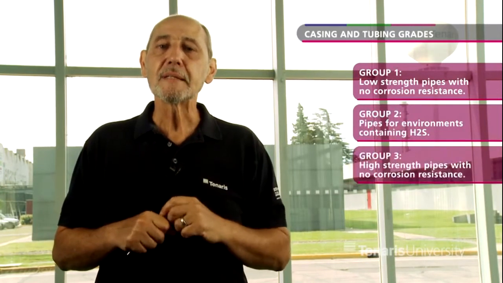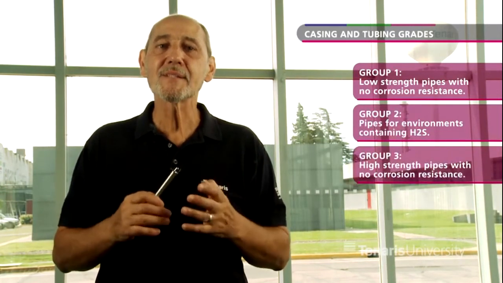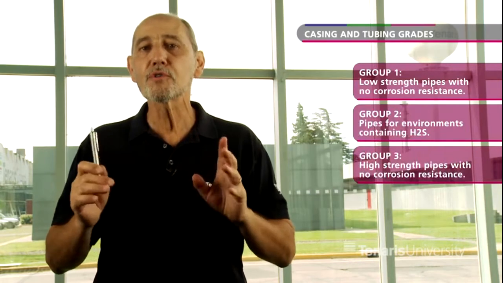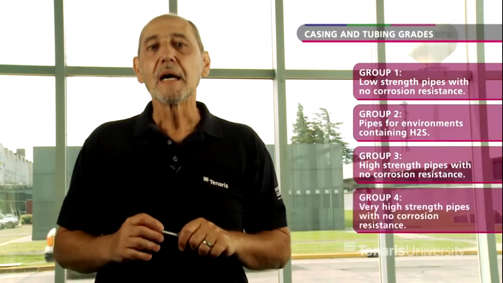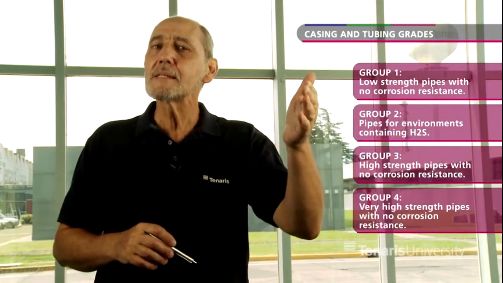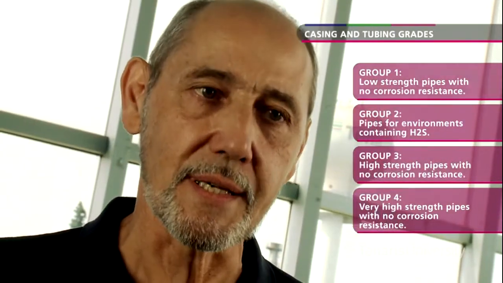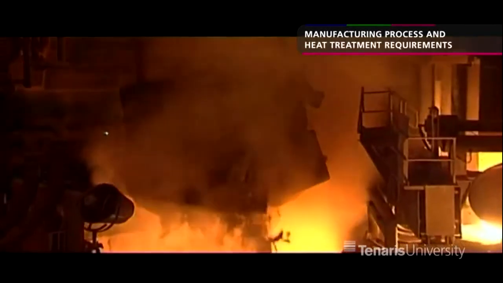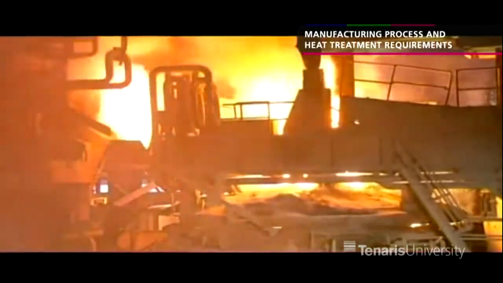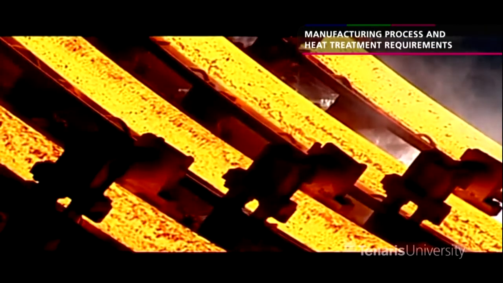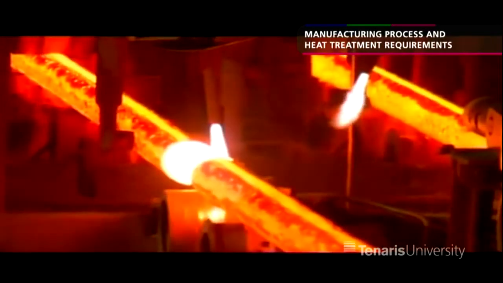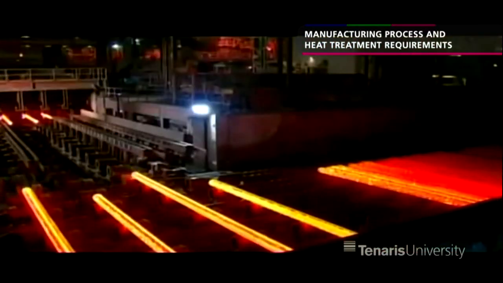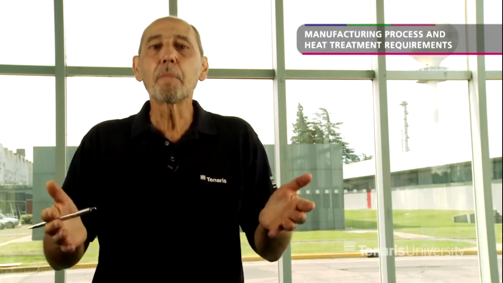Group 3, these are high-strength pipes with no corrosion resistance. And Group 4 are very high-strength pipes with no corrosion resistance. Regarding manufacturing process and heat treatment requirements, steel pipes can be manufactured by either seamless process or by an electric process welding steel plates into a rounded shape.